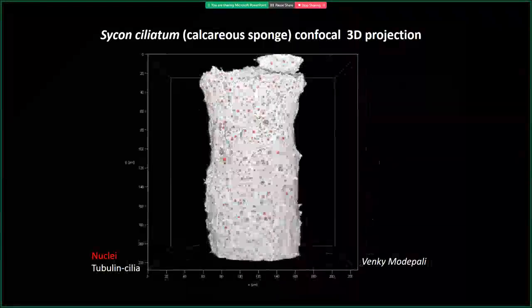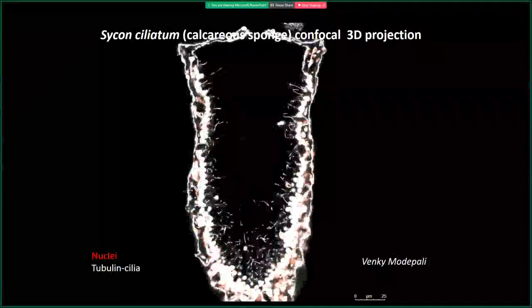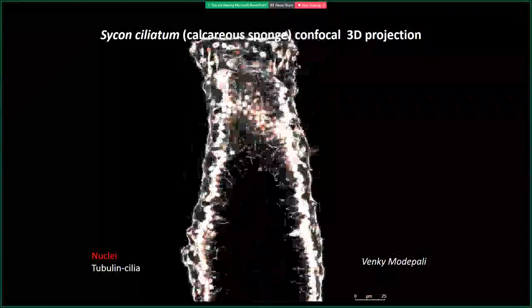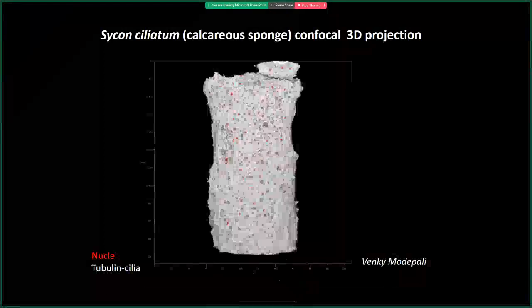And now we're just seeing a sequential display of the stacks as he took them through the specimen. You can see the white lines there are all the cilia, which are labelled with a fluorescent tubulin stain.